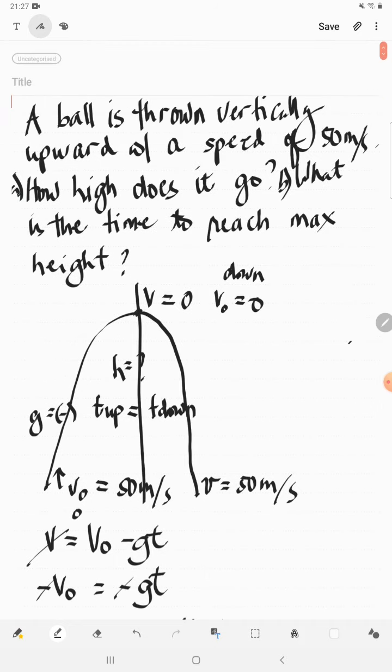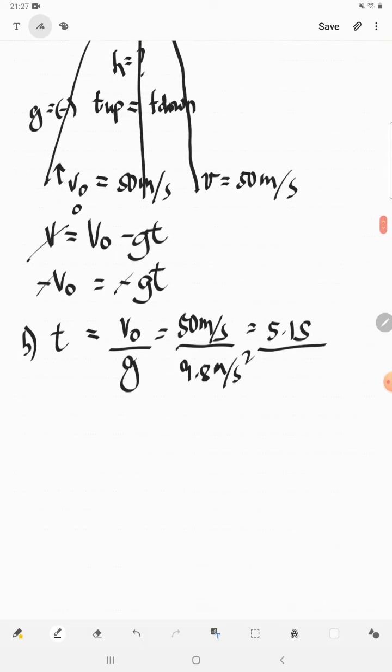Then for letter A, how high does it go? There are so many equations to use for this. We can choose any of the equations of motion with constant acceleration. Let's say our equation will be delta y equals v naught t minus 1/2 gt squared.